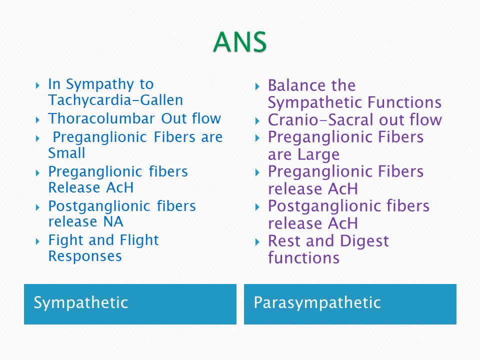But in the sweat glands present in the sole and palm, the postganglionic fiber of the sympathetic nervous system releases noradrenaline. Coming to the parasympathetic nervous system, both the preganglionic and postganglionic fibers release acetylcholine.